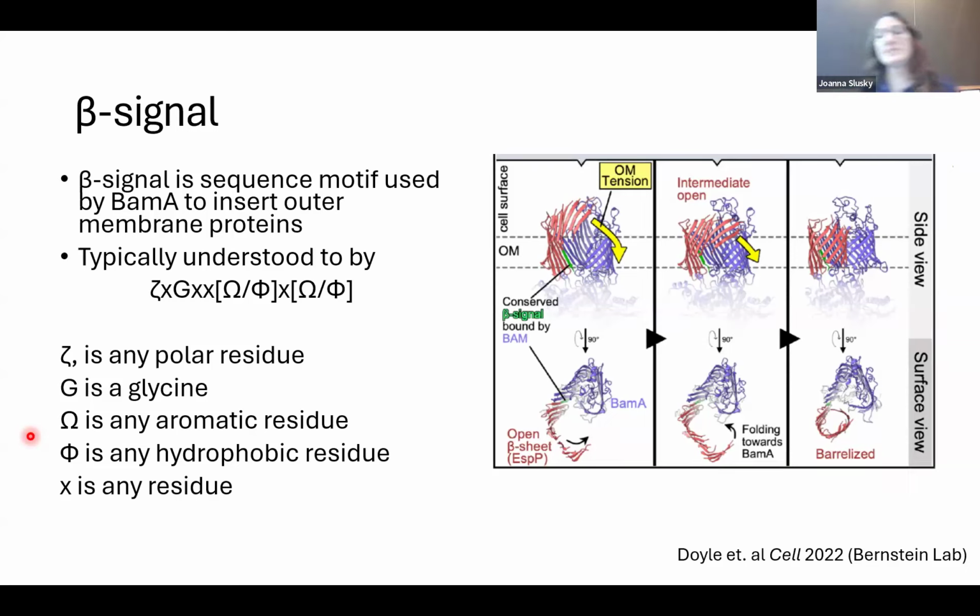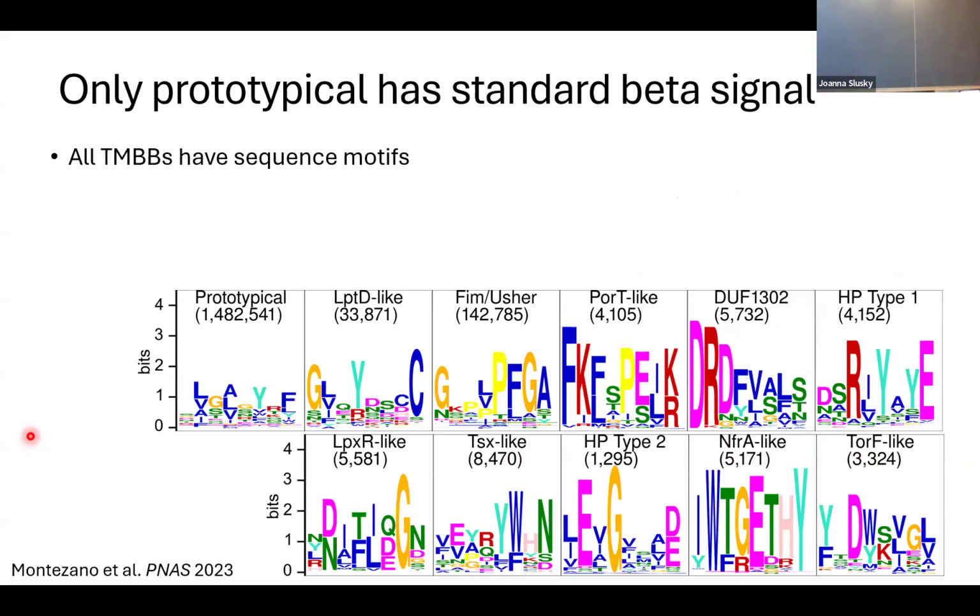So we looked for C-terminal sequence motifs for all 11 groups. And what we found was that they all have some sort of sequence signal at the end, at the C-terminus. And all of them had sequence motifs, but only the prototypical barrels had the classic one.